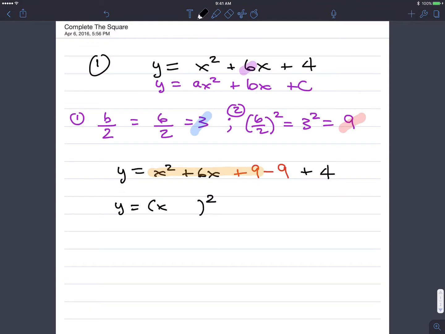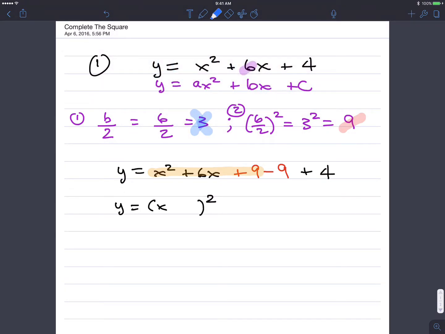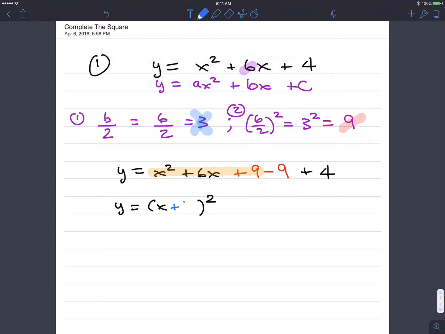This is where the blue term comes in, right here. This number is positive 3. Now notice what happens here. If I use that value in my parentheses and I use FOIL, I get x squared plus 6x plus 9.